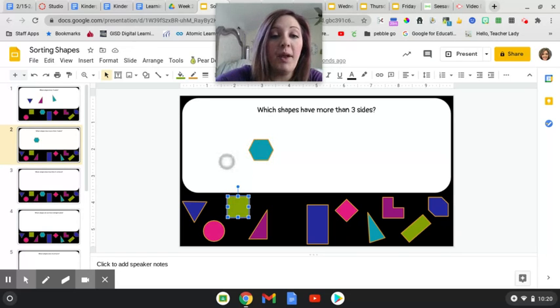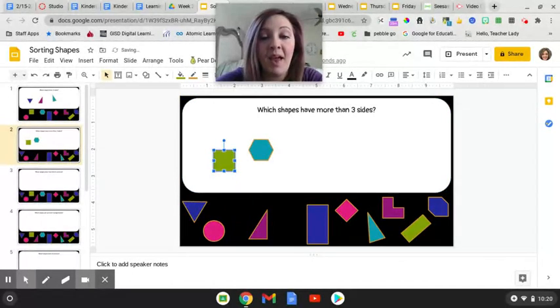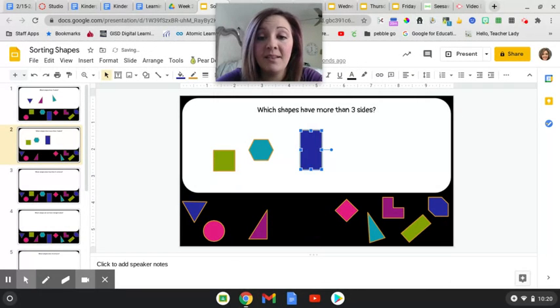My square has more than 3 sides. I'll move it up. My rectangle has more than 3 sides. Let's look at this purple shape. I see 1, 2, 3, 4, 5, 6.